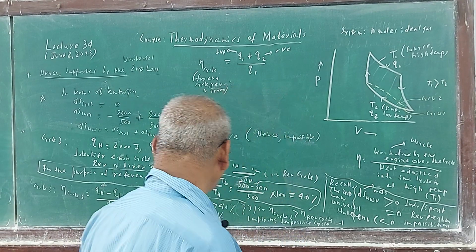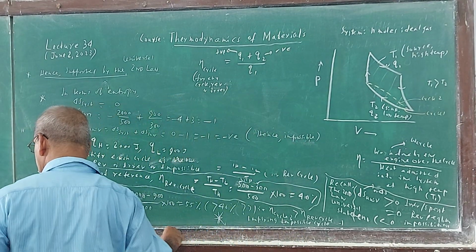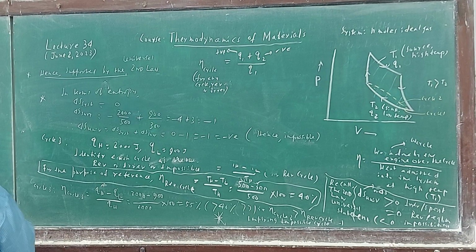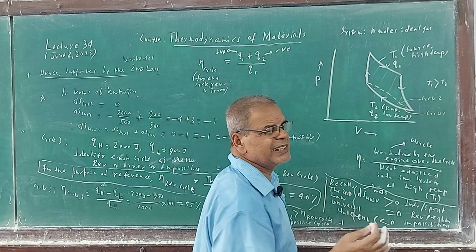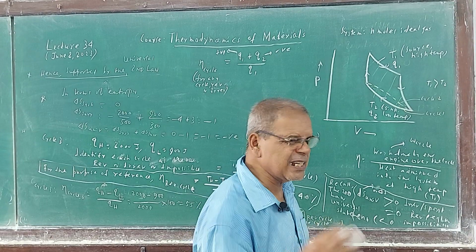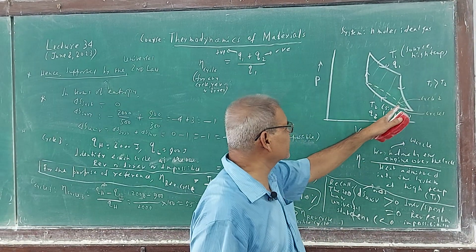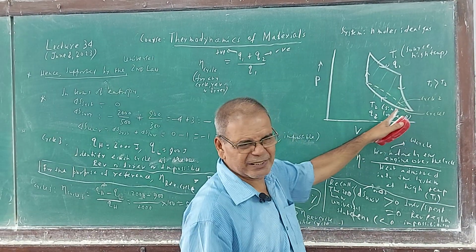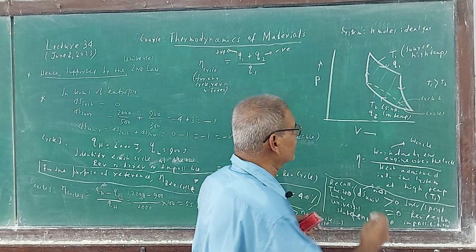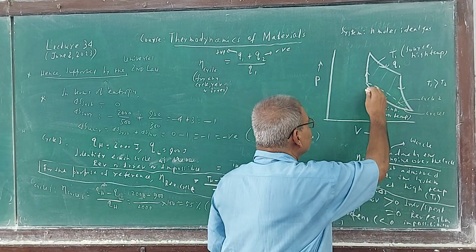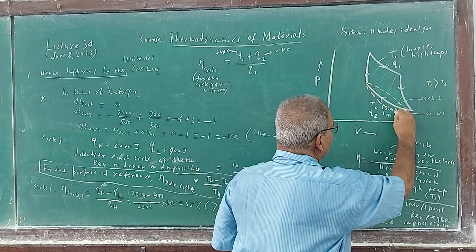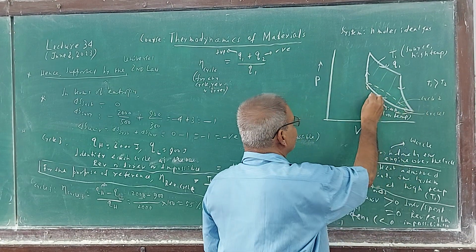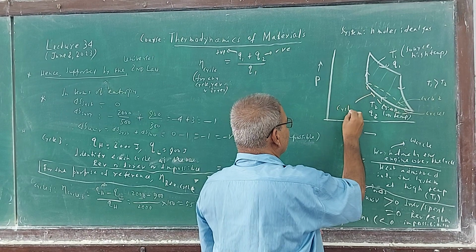No surprise. How will you sketch the third one? Sketch the third one, where the claim is that the rejection is less. This cycle 3 does not reject as much as reversible, so the area will be less. So this will be cycle 3.